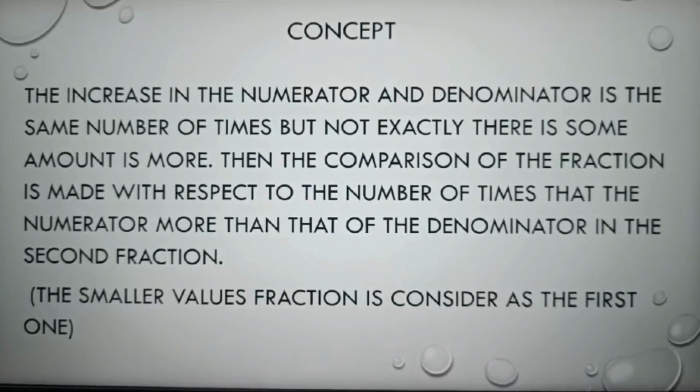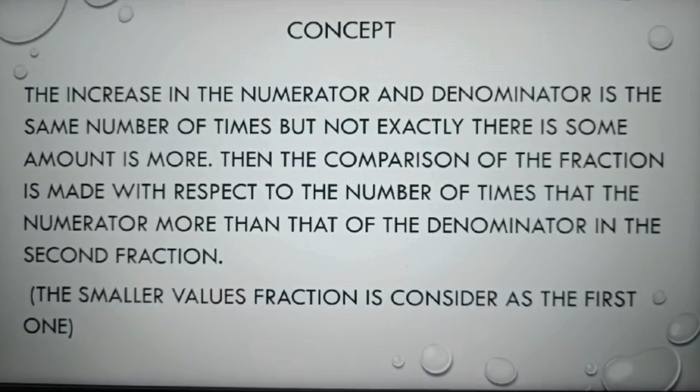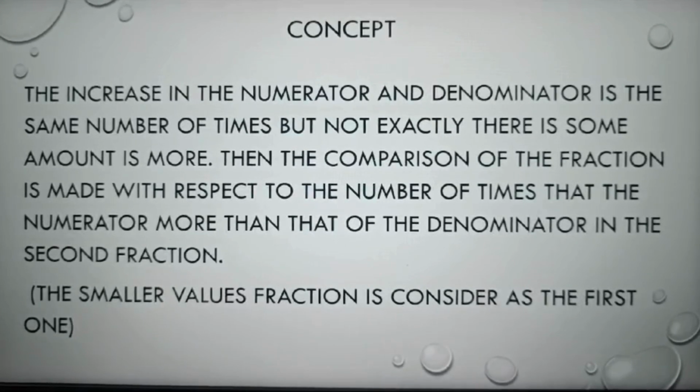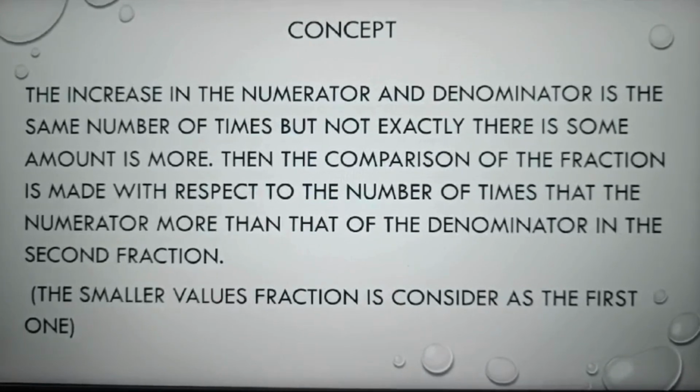We have to compare the numerator and denominator to decide the value of the new fraction, and then we can decide which one is the bigger fraction and which one is the smaller fraction.